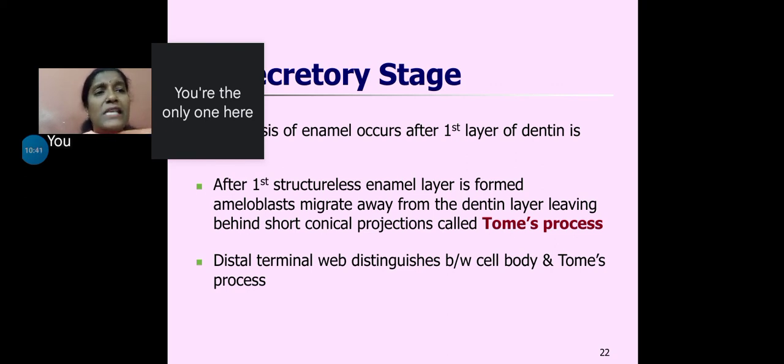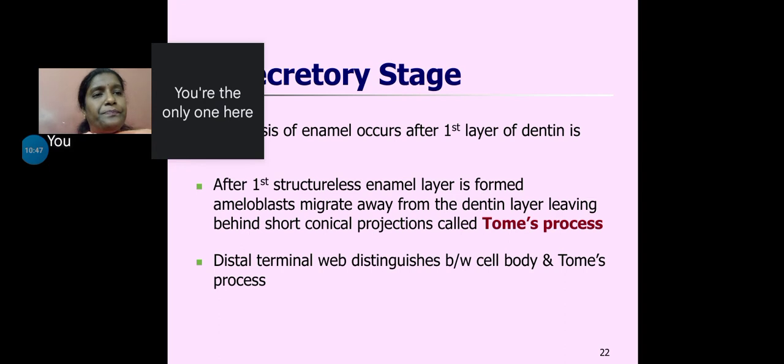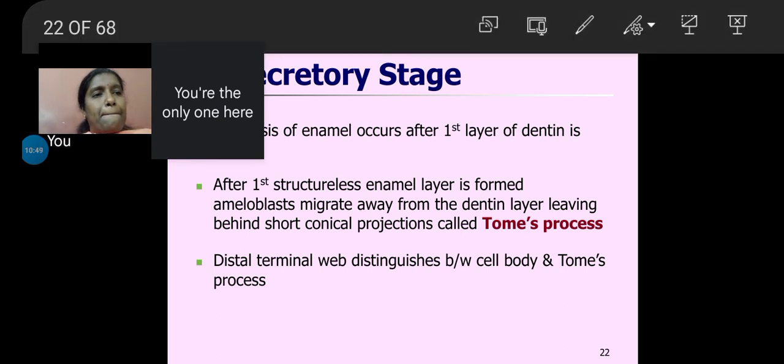It's not so easy, though in diagrams we ask you to draw something like this: we ask you to draw an ameloblast, and we ask you to draw Tomes' process. Normally we tend to ask you to draw like this, but in reality it is not like that.